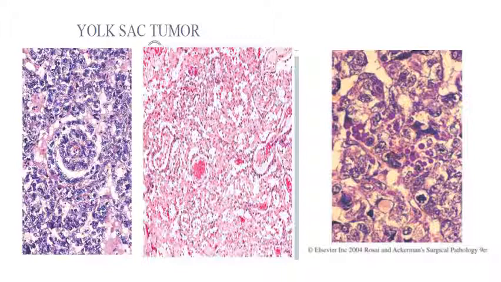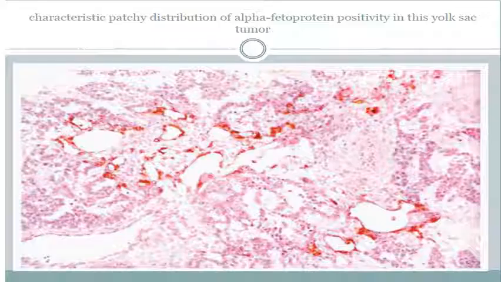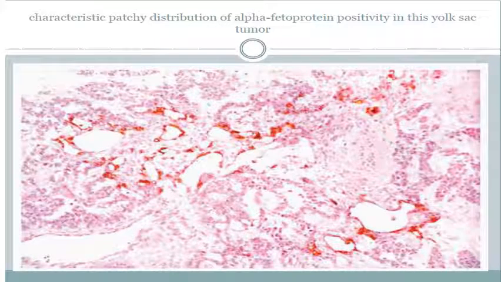Towards the extreme right, the photograph is showing small globular hyaline bodies which are alpha fetoprotein positive. In this picture, you are able to see the patchy positivity of alpha fetoprotein interspersed between the cells, which is the classical feature of yolk sac tumor.